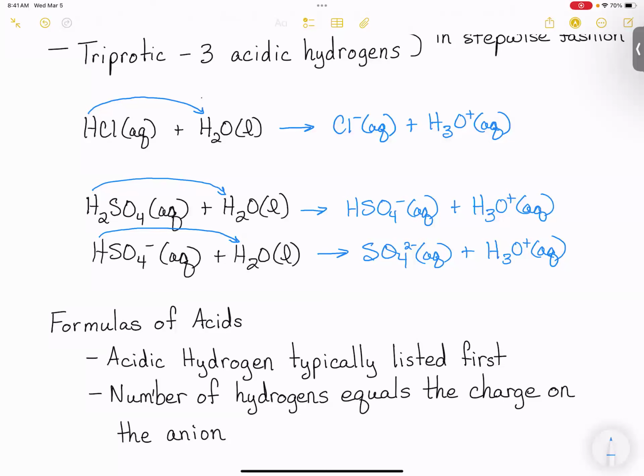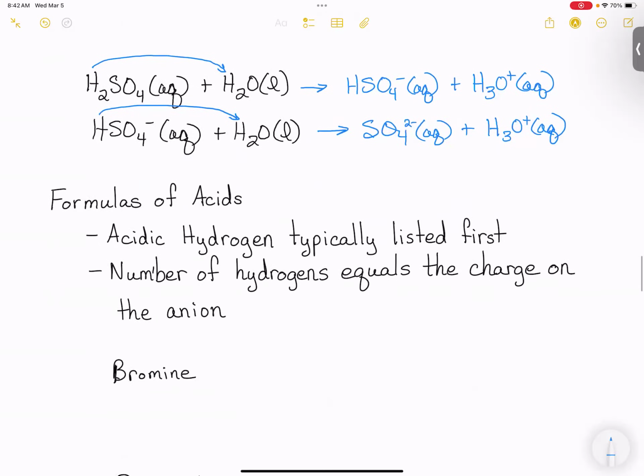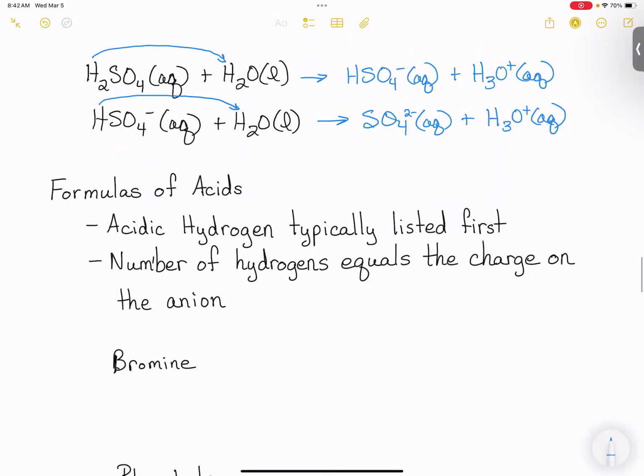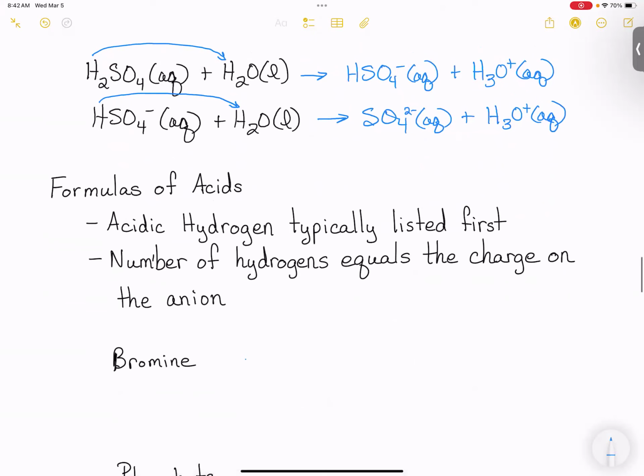When we're developing the formula of an acid, the number of hydrogens is going to be equal to the charge on the anion. So for example, bromine. Bromine as an anion is Br minus.